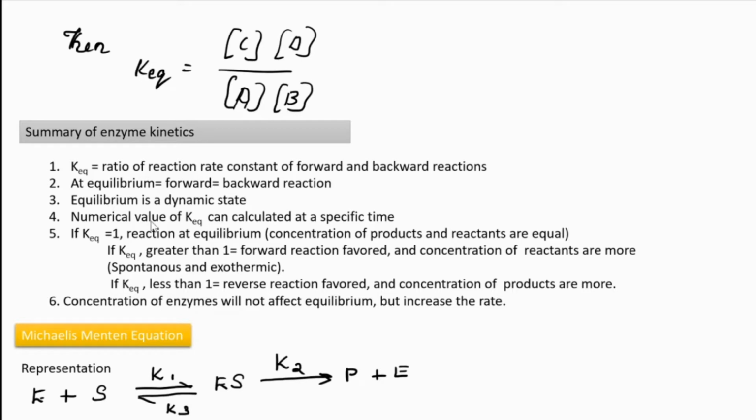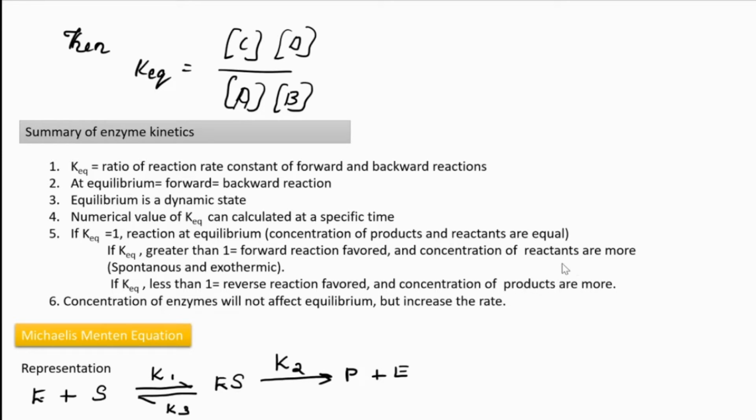If K equilibrium is 1, it means the reaction is at equilibrium. Equilibrium means the concentrations of products and reactants are equal. If 5 products are there, reactants will also be 5. That is K equilibrium equal to 1. If the K equilibrium value is greater than 1, then we need to understand that the forward reaction is favored more and the reaction is proceeding towards the right direction, that is towards the formation of products.